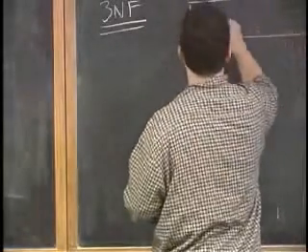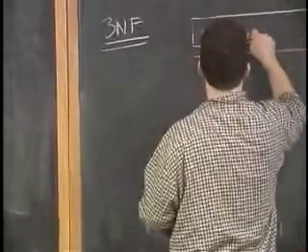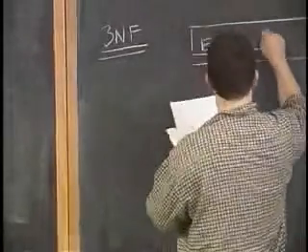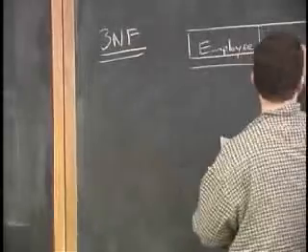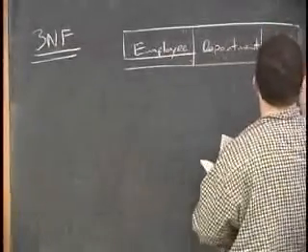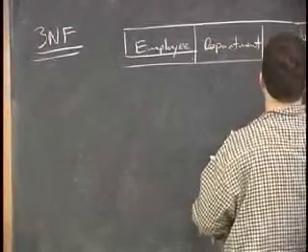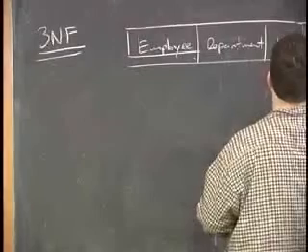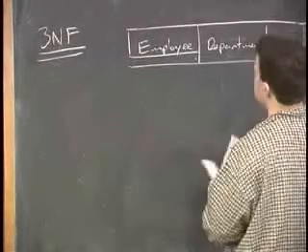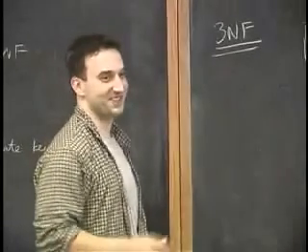Let's say I have some employee list, and it has employee, department, and say location of department. All right, so is this in 2NF?